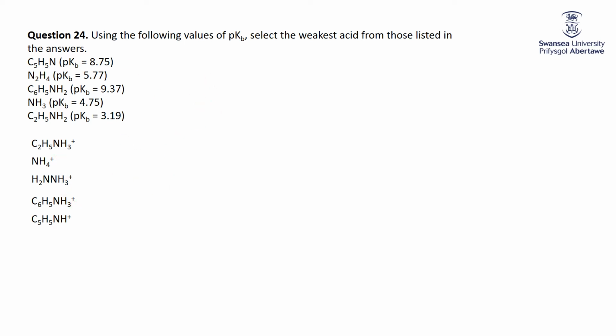First of all, Kb. Well, the bigger the Kb, the stronger the base. So if you've got a couple of bases, the one with the bigger Kb is the stronger base. But remember our relationship that as the base gets stronger, the acid gets weaker. So as the Kb goes up, the strength of its conjugate acid goes down.